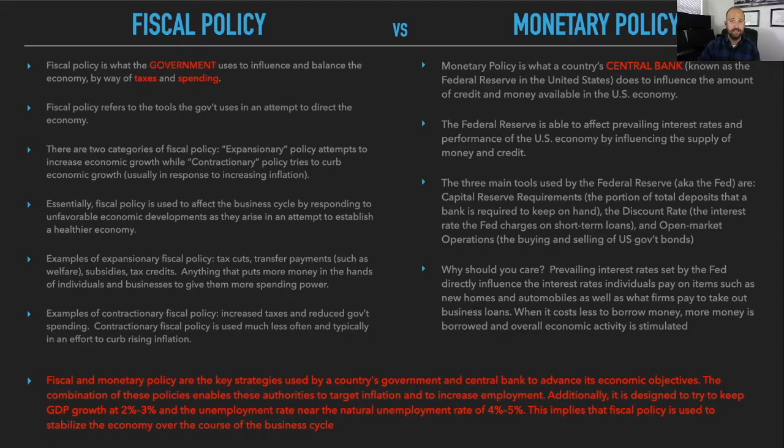So when you hear the phrase accommodative monetary policy or easy money policies, this just refers to the Fed using one of these three tools to either increase the money supply or make it cheaper for individuals and businesses to borrow money. To put this all in the context of current events, when you hear the phrase fiscal stimulus, that's referring to U.S. government efforts to support the economy by way of reduced taxes or increased spending.